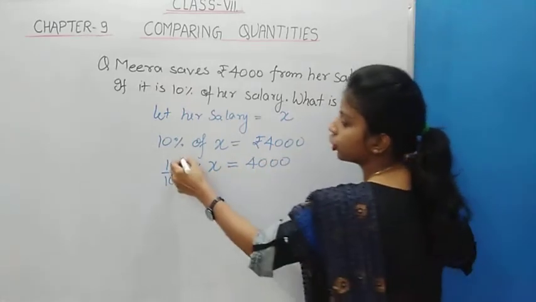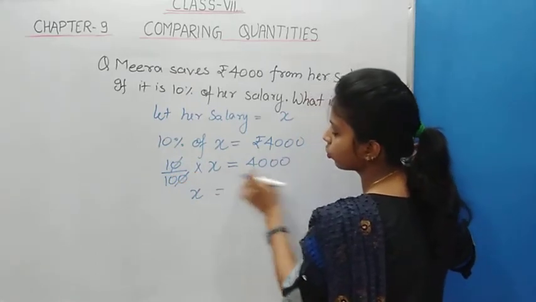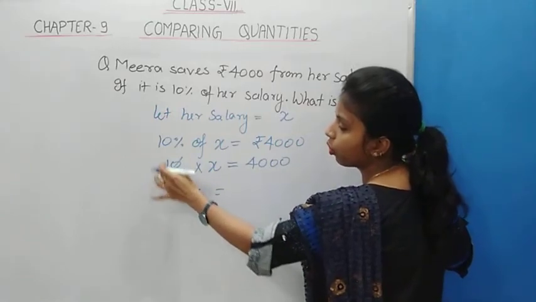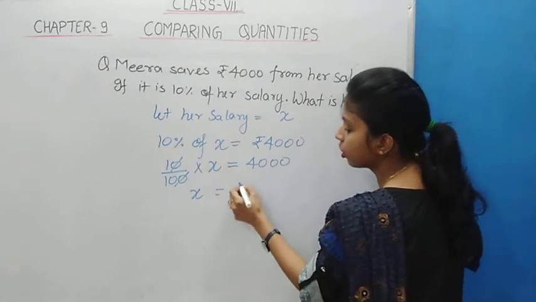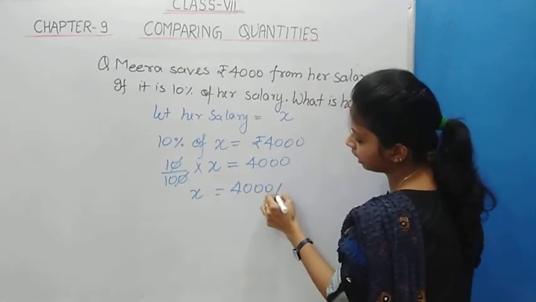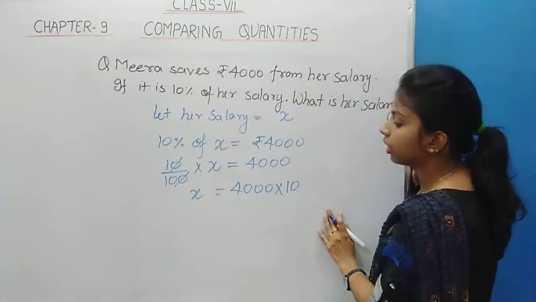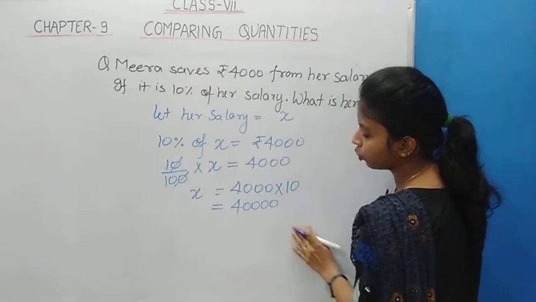This 0 can be cancelled with 0. Now this is in the form of division, so we multiply by 10 on both sides. So it becomes 4,000 into 10, so X is equal to 4,000 times 10.